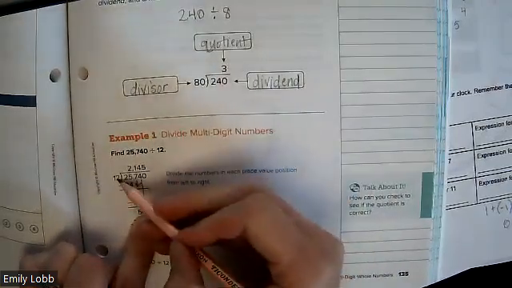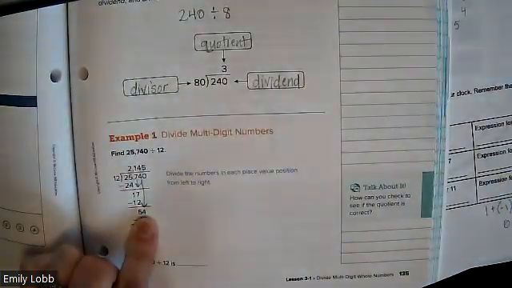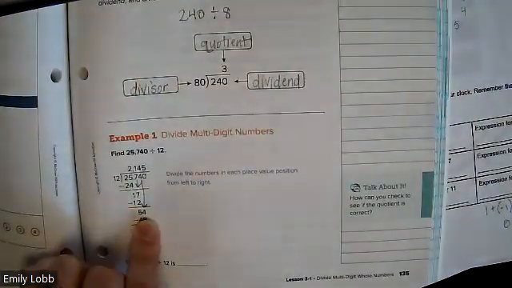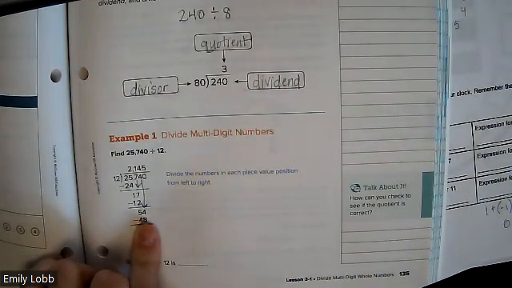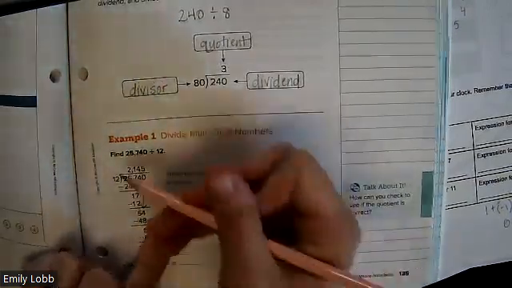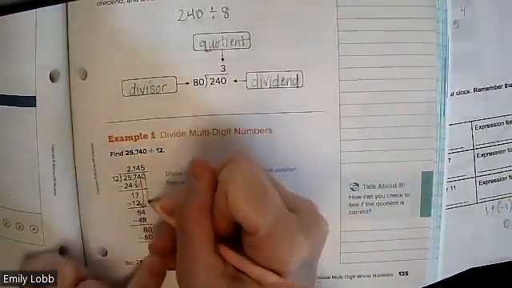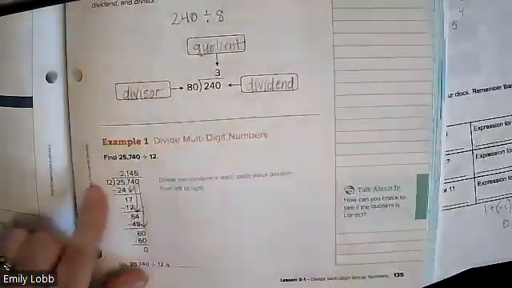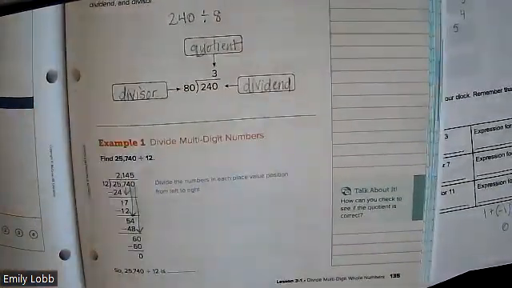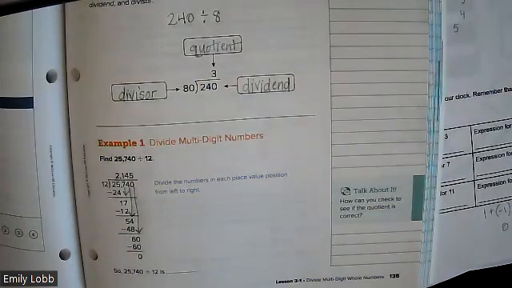And they said, how many times can 12 go into 54 without going over? Good. 4 times 12 is what? 48. So we subtracted 48 from the 54 and got 6. Then they brought down the 0 and said 12 times what is 60? 5. Do you see how they got the answer?